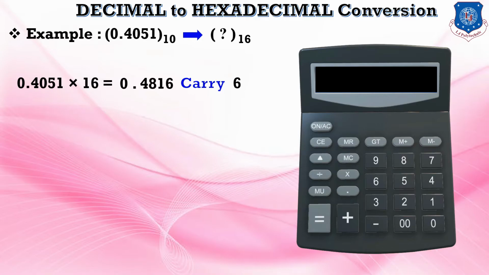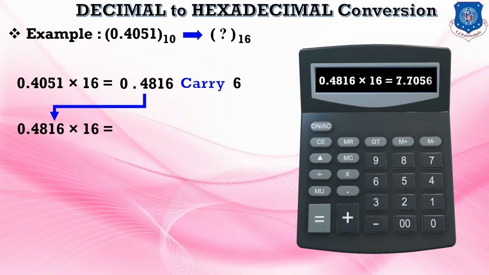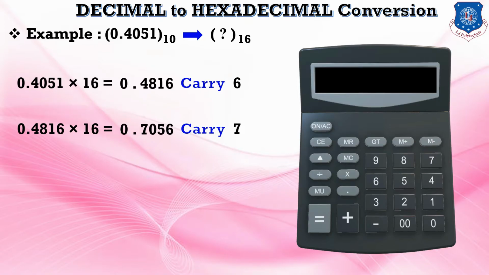Now this 0.4816 is multiplied with 16. Then we will get the answer 7.7056. Of this 7.7056, 7 is considered as a carry. So the remaining term will become 0.7056. Now for the next step, this 0.7056 is multiplied with 16.